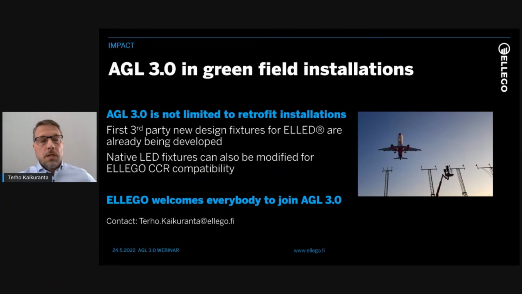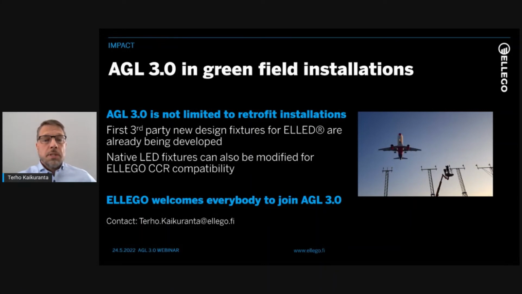And finally, we have been talking about the retrofit installations and new installations, but there is also development ongoing, so there will be new designs for fixtures and maybe other components as well. And this is already happening. These native LED fixtures can also be designed or modified so that they are compatible with the ELLEGO CCR.